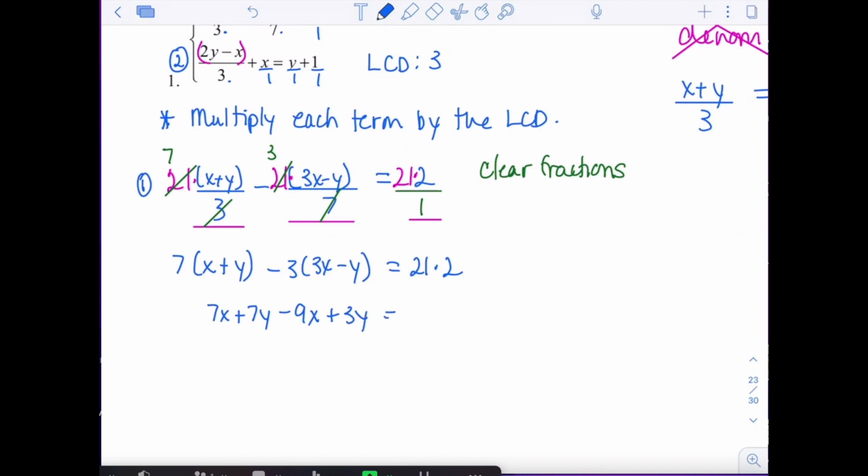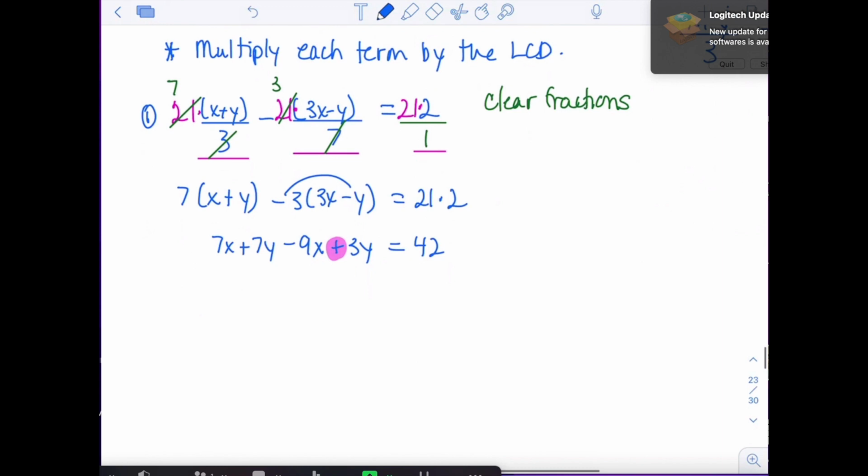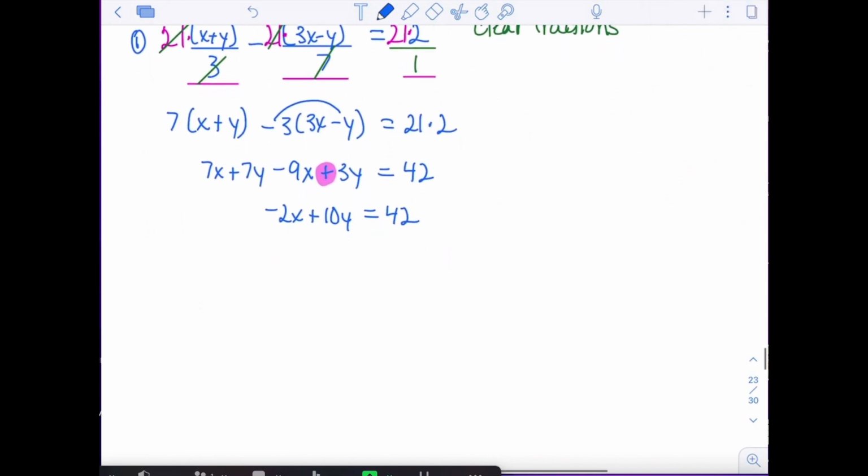I will simplify by distribution. Now don't forget, okay, that we have to distribute the negative and the negative here. And then I will collect like terms, which is negative 2x plus 10y equals 42. And I'm even going to go and do the extra step of dividing everything by negative 2 just to make it look a bit nicer.